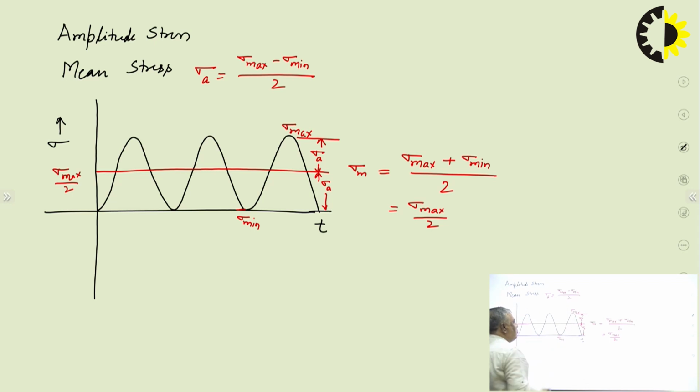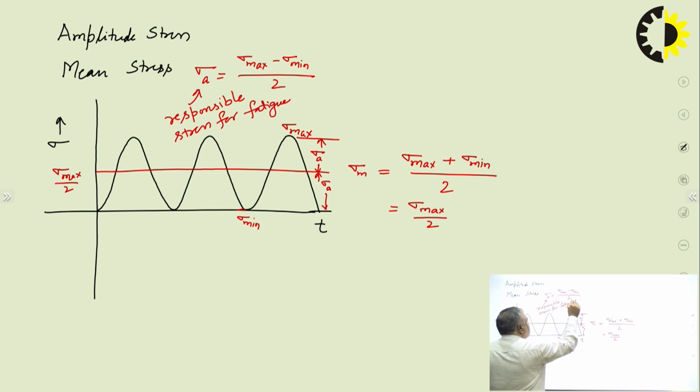Here it will be sigma max by 2 in this case, right? This is the stress responsible for fatigue failure, right?